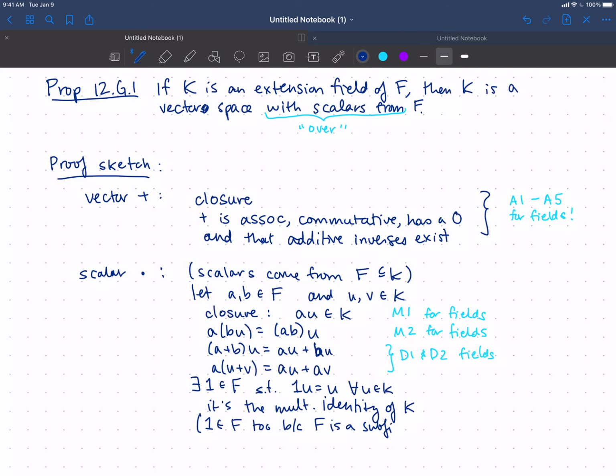And we're guaranteed that since it's a subfield under the same operations as K, that multiplicative identity is going to be the same in F as it is in K. And so this is because we satisfy M3.